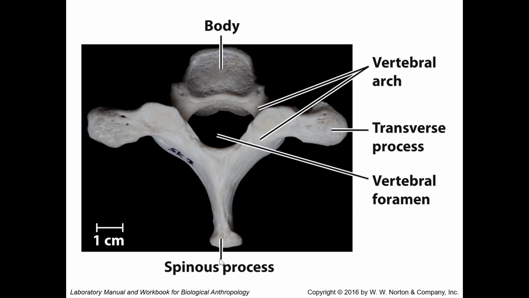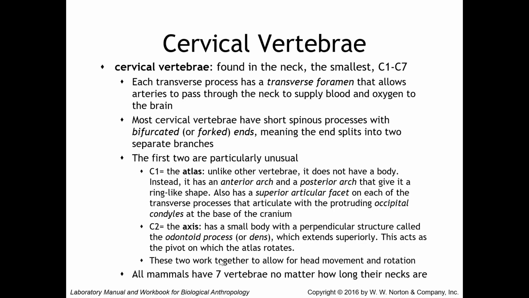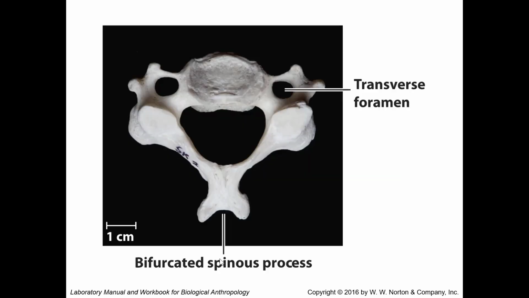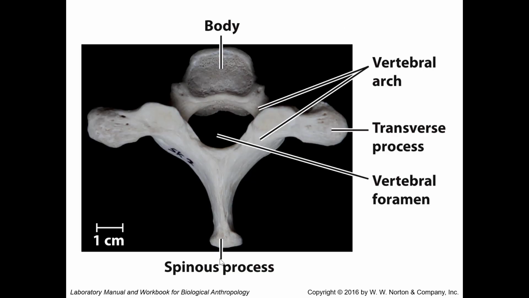We first have to start off with our cervical vertebrae, C1 through C7. They are found in the neck and they are the smallest of the vertebrae. Each transverse process has a transverse foramen. I'm going to show you a picture of a cervical vertebra, and you can tell between this one and that one, they look very different.